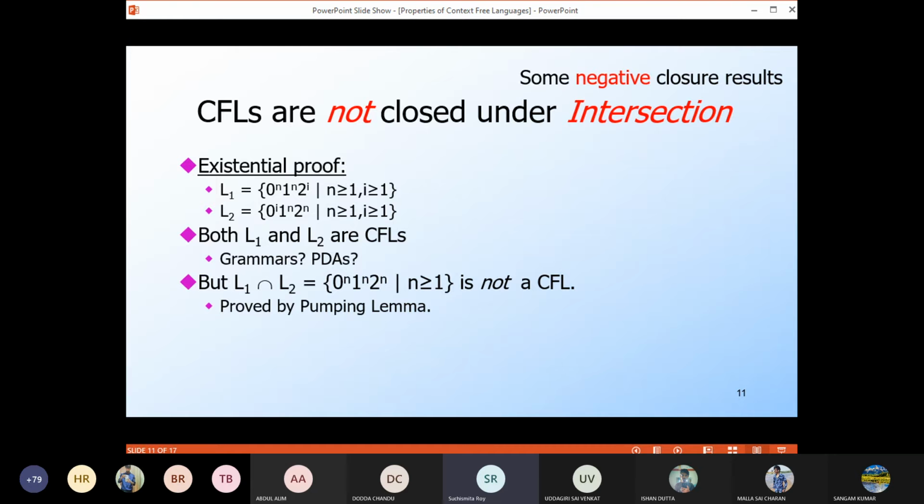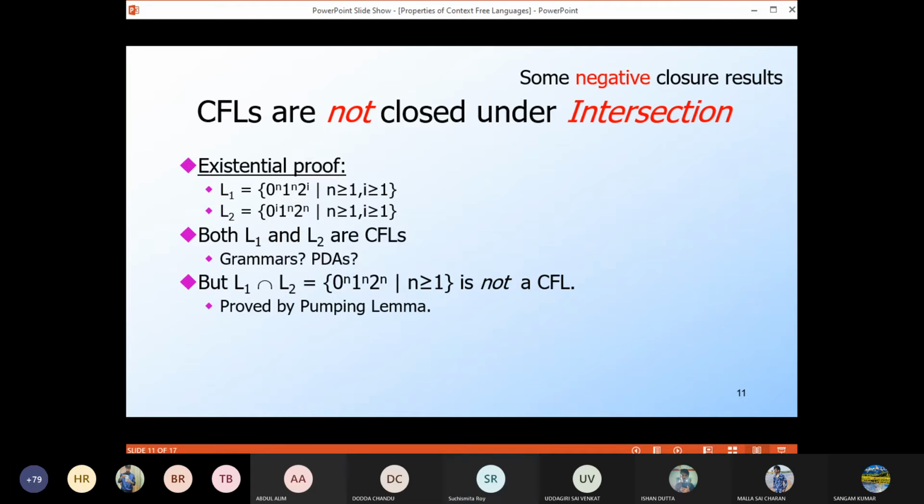The intersection of these two is strings of zeros, ones and twos in that order, where you have an equal number of zeros, ones and twos. From L1 we say zeros and ones have to be the same, so 0^n 1^n. And from L2 we say that ones and twos have to be the same, so 1^n 2^n. So 0^n 1^n 2^n is the intersection of L1 and L2. Can you see that? Are you all convinced?